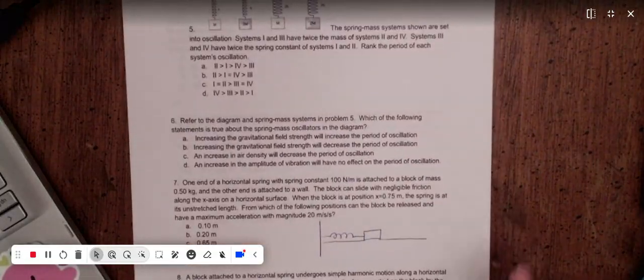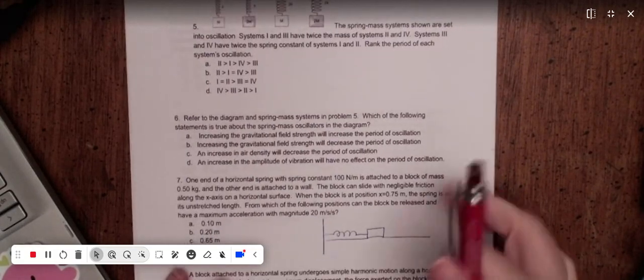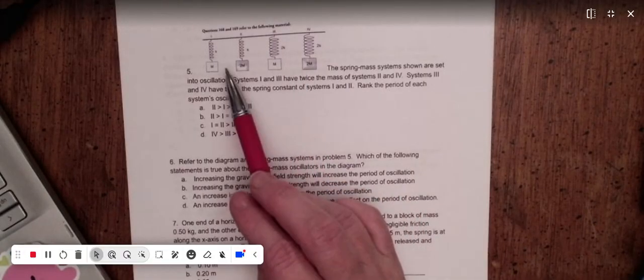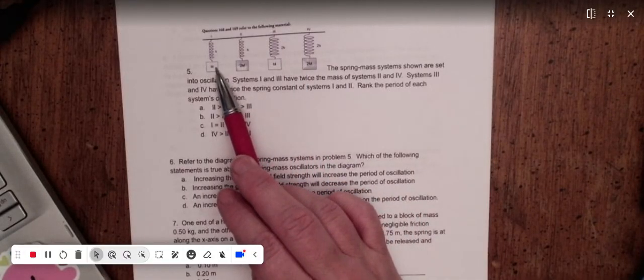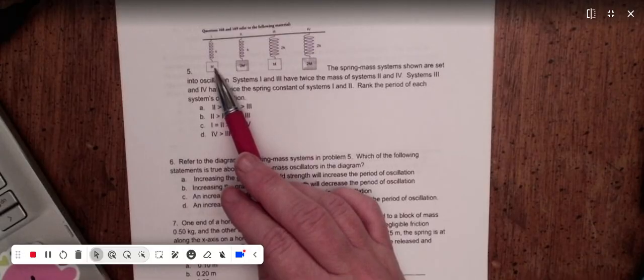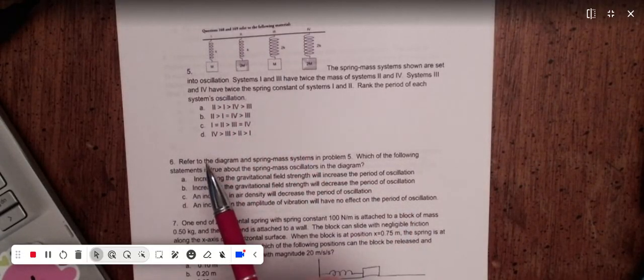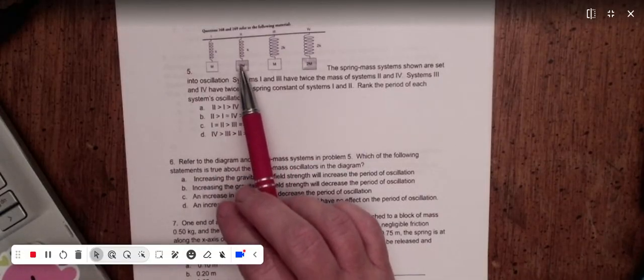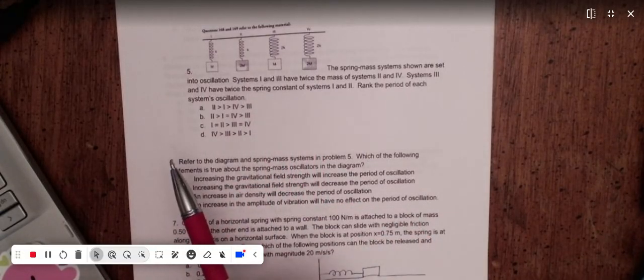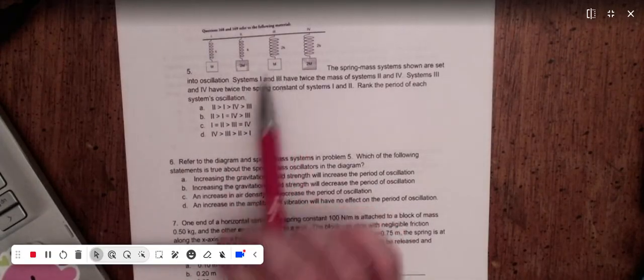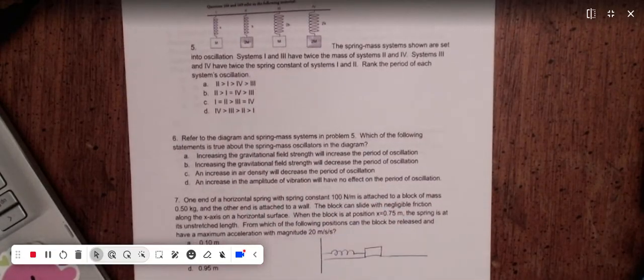Okay, spring mass systems set in oscillation. So we've got 4 different systems here. One, hard to read those. Oh yeah, 1 and 3 have twice the mass of 2 and 4, and then 3 and 4 have twice the k value, and so we want to rank the period.